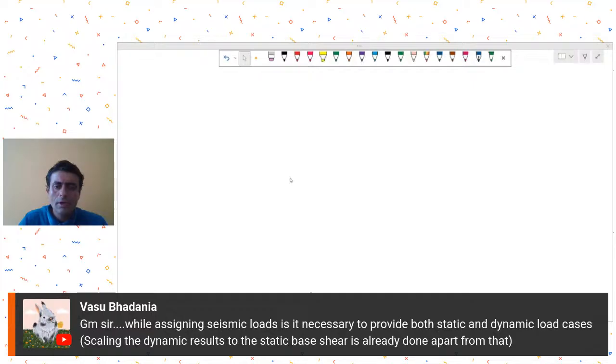First you define the equivalent static load case and check the base shear, then if required, you do the dynamic analysis. Once you do the dynamic analysis, you do the base shear scaling. Once you do the base shear scaling, you include the response spectrum cases or the dynamic cases in your combinations, and that's it.